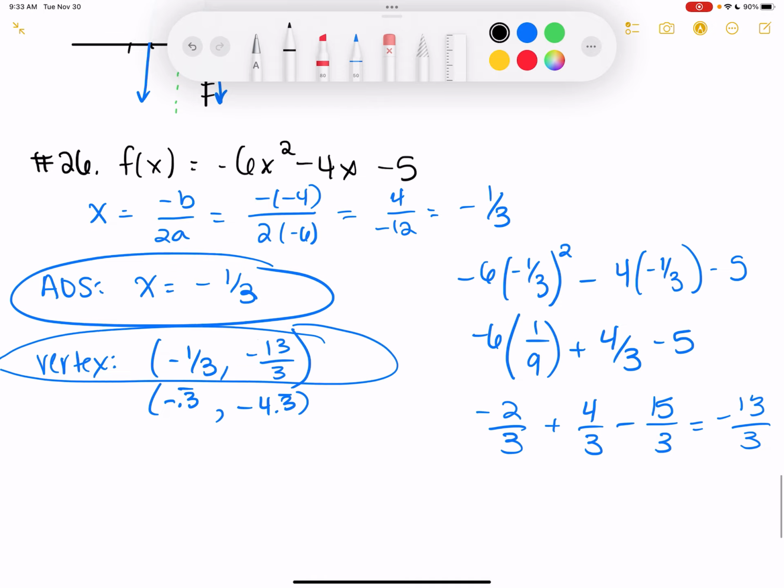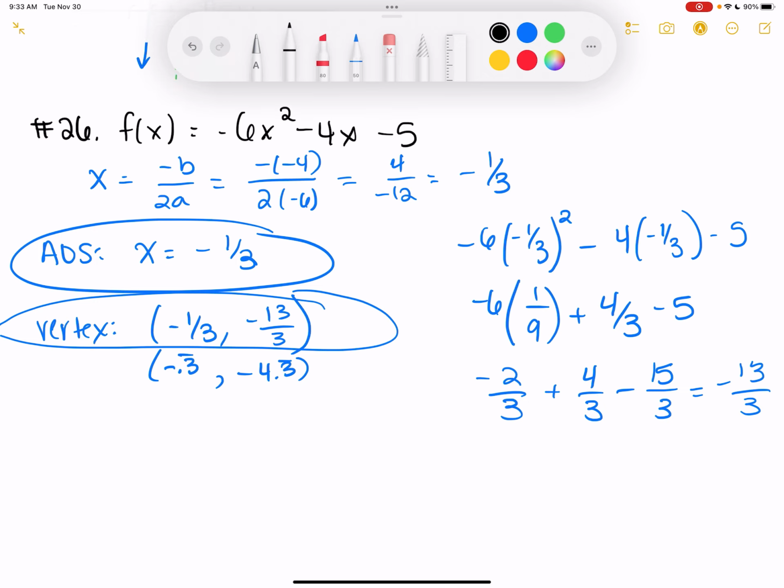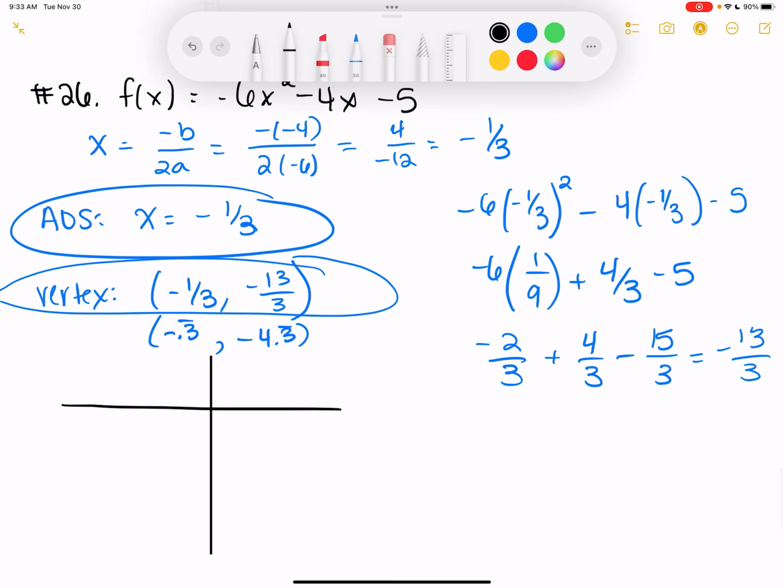All right, so then for the graph, it's negative, so it's opening down. I'm not going to draw a whole lot above the graph, just because I'm not going above. All right, so my axis of symmetry is at negative 1/3.